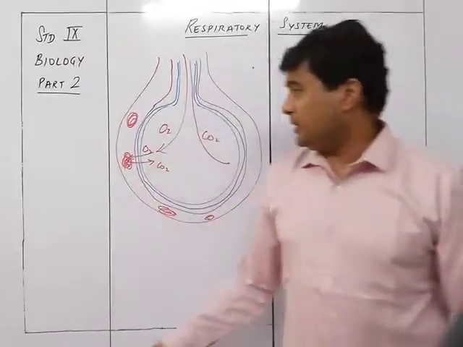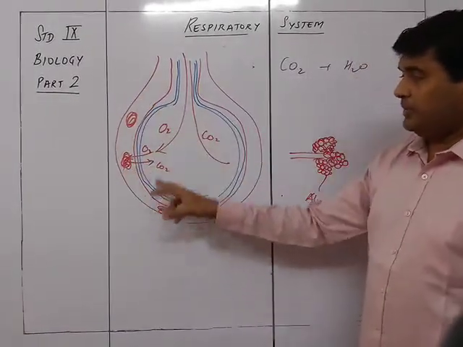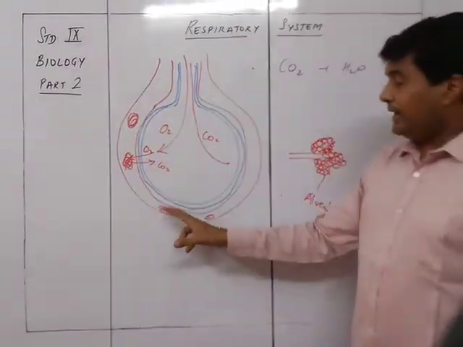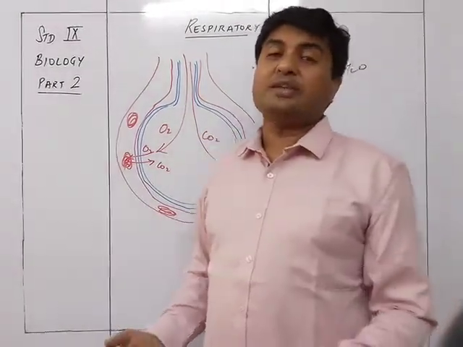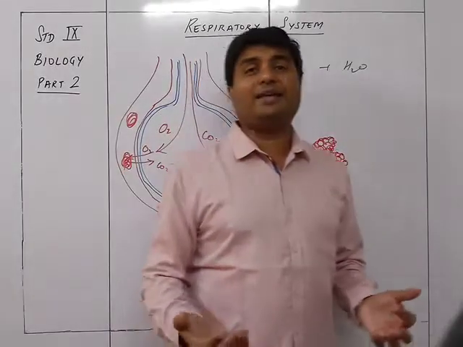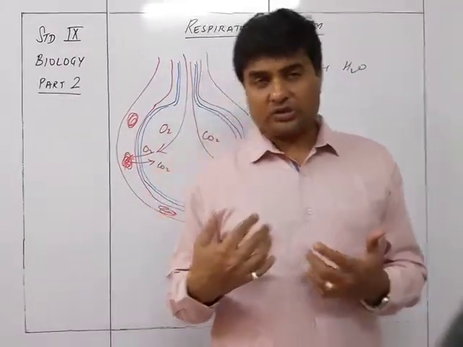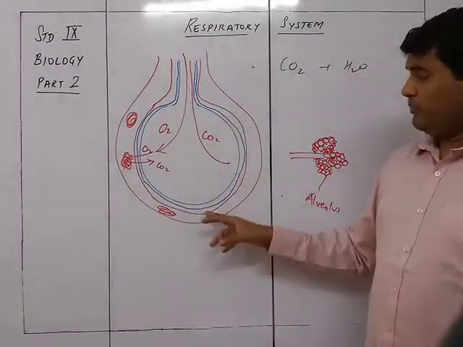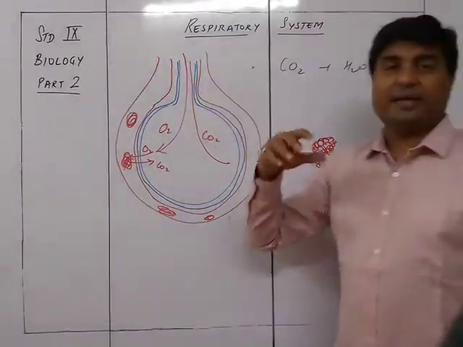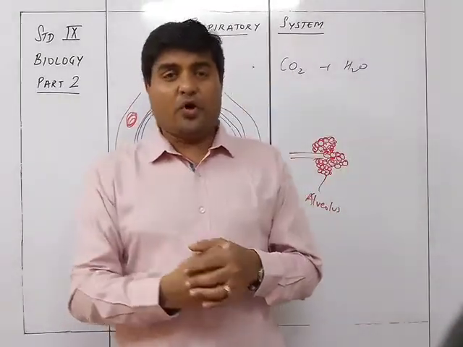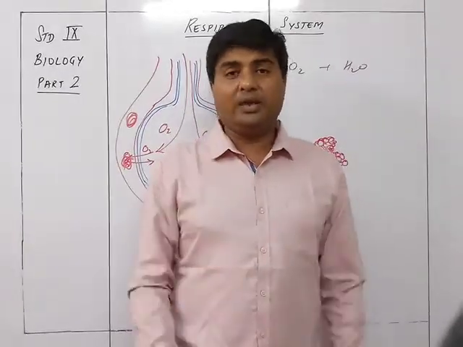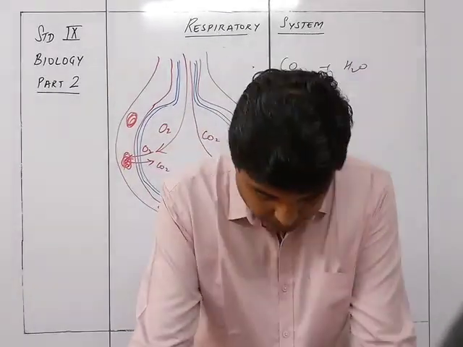So once this deoxygenated blood enters here, it is going to come out as oxygenated blood because it has given out all its carbon dioxide and has already taken in the oxygen. So when it comes out, the capillaries are going to reunite and form into veins, and it is going to form the pulmonary vein which will enter into the left auricle of the heart.